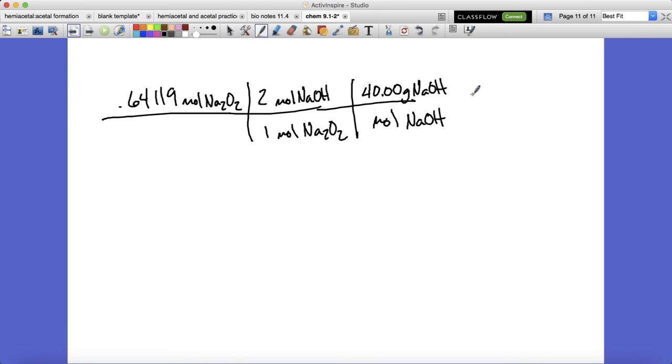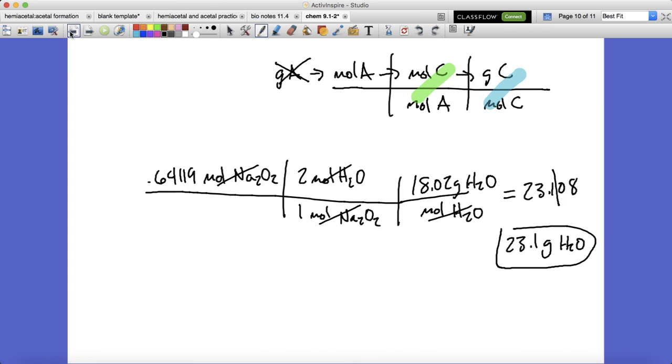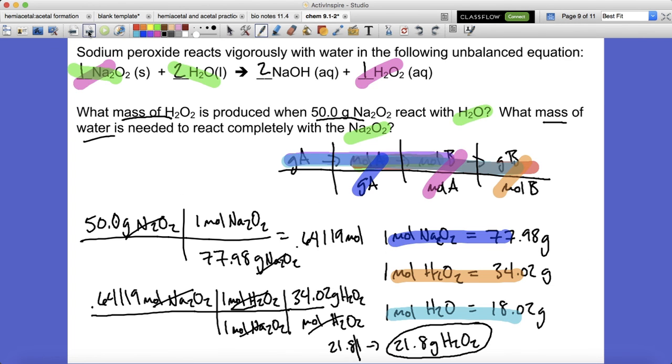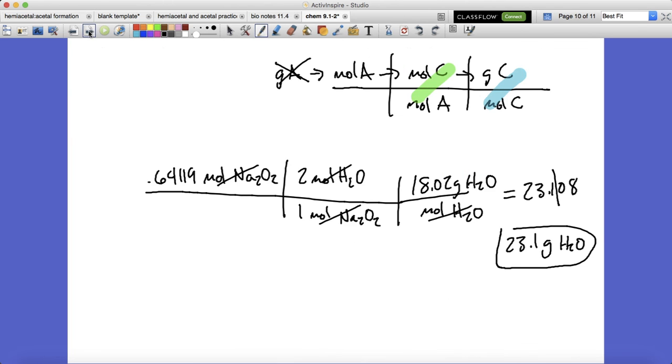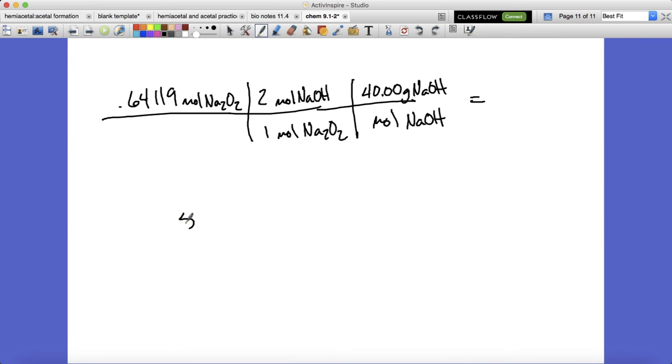But I can do this to come up with an answer, and you can go ahead and do that on your calculator if you want real quick. But I can also just use the numbers that I've already come up with. Right? I started with 50 grams of sodium peroxide, and that 50 grams reacted with 23.1 grams of water.